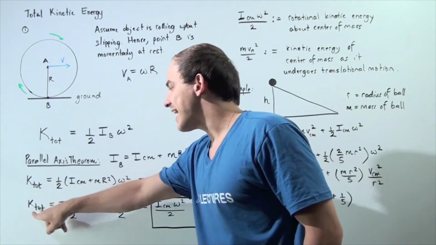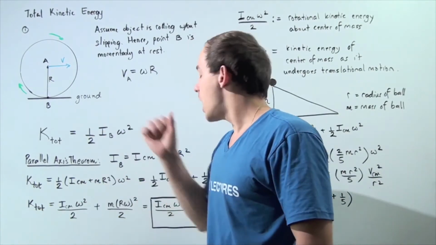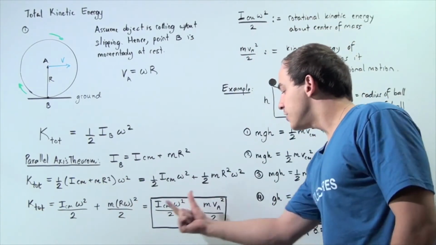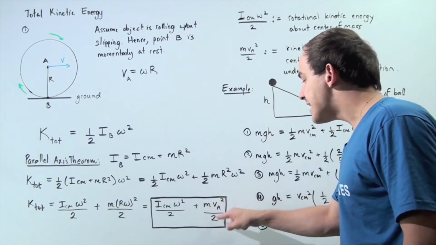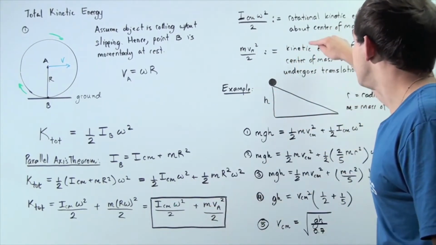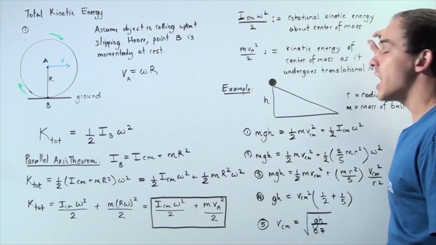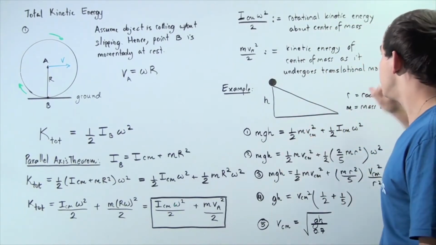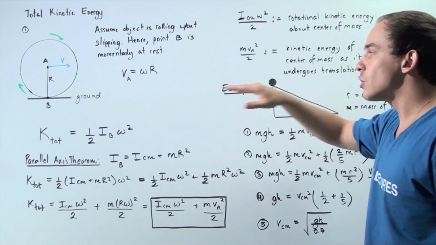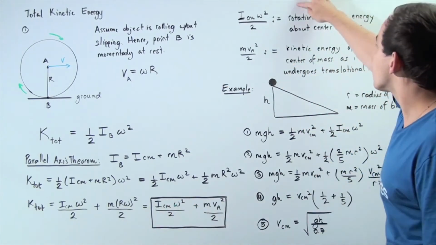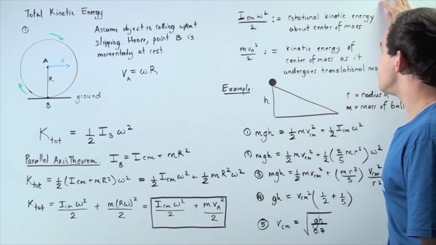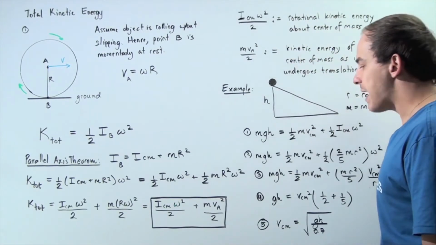The total kinetic energy of our object is equal to these two terms, where this term, mVA squared divided by 2, is simply the kinetic energy of the object at the center of mass as it undergoes translational motion, and this term represents the rotational kinetic energy about the center of mass.